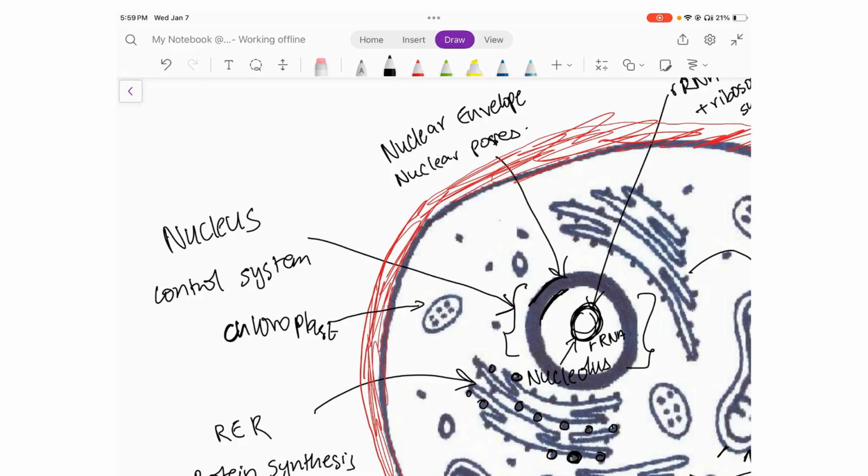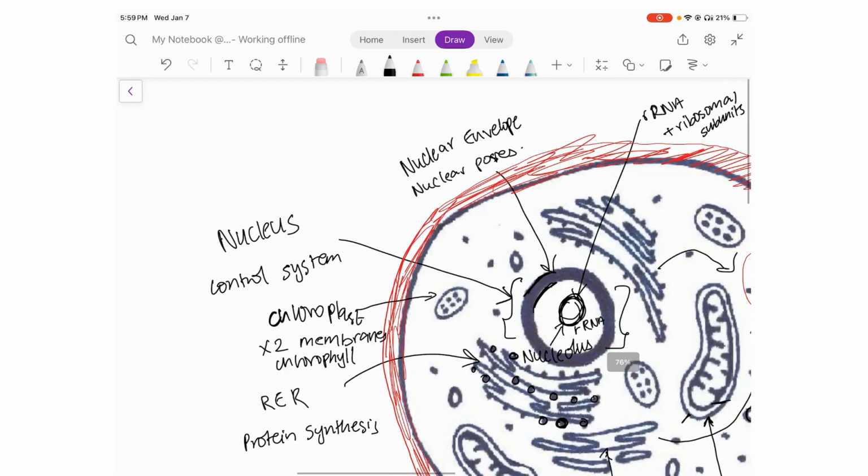The chloroplast, much like the mitochondria, has two membranes, and it has also its own DNA, and these are sacs that contain the pigment chlorophyll. Right.